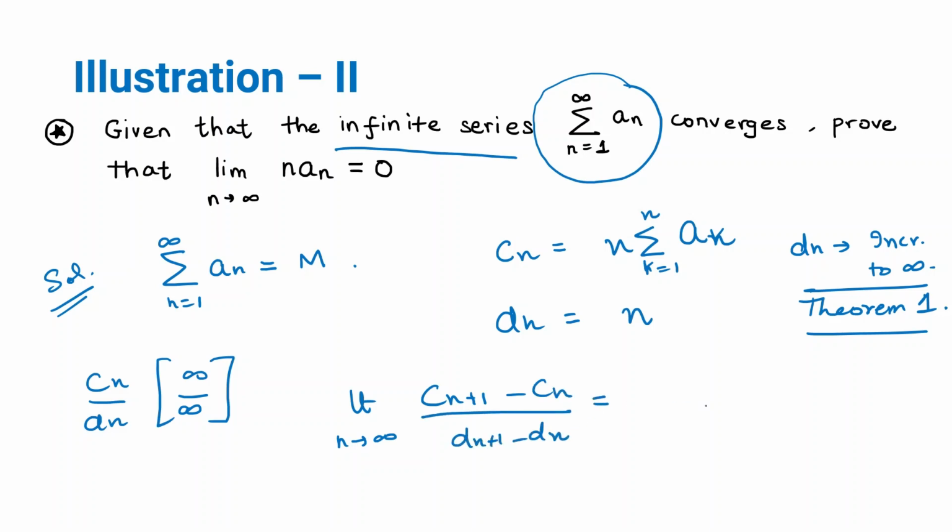Alright, so the denominator is 1 as in the previous case, but the numerator is going to look a bit different. This is going to be n plus 1 times the summation of ak from k equal to 1 to n plus 1, minus n times the summation of ak from k equal to 1 to n. So what is this going to look like?